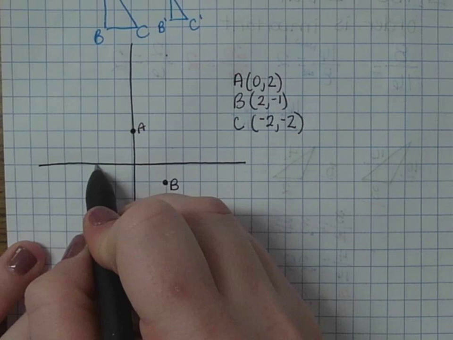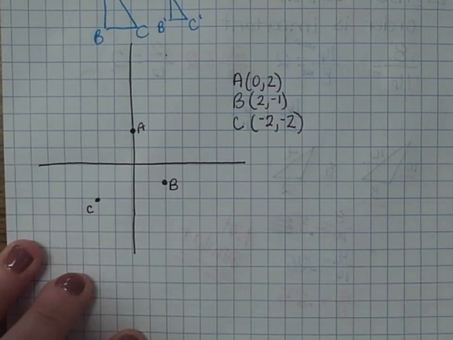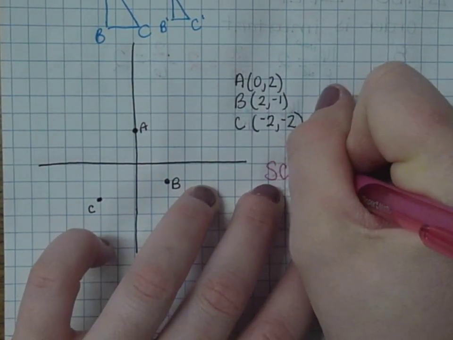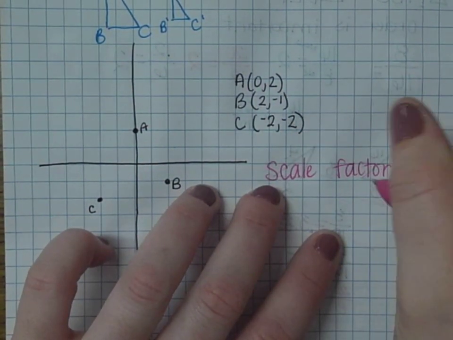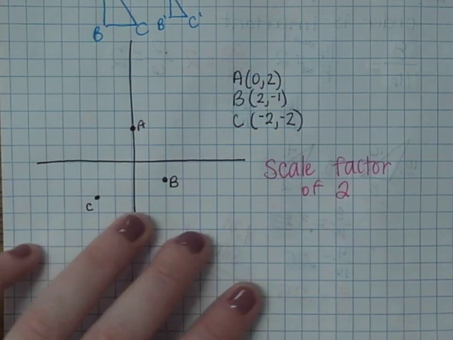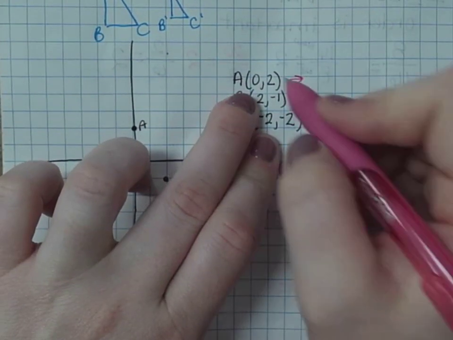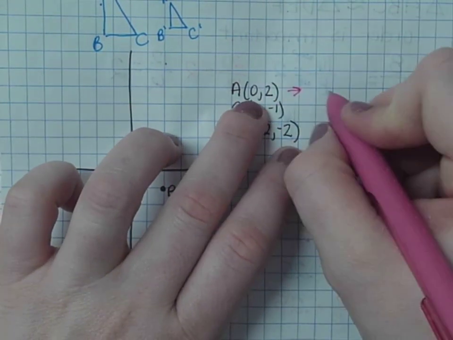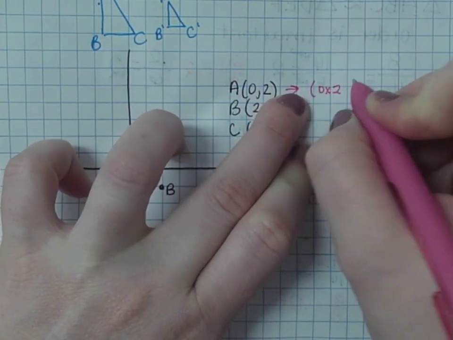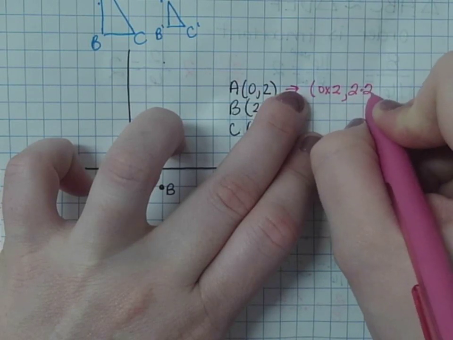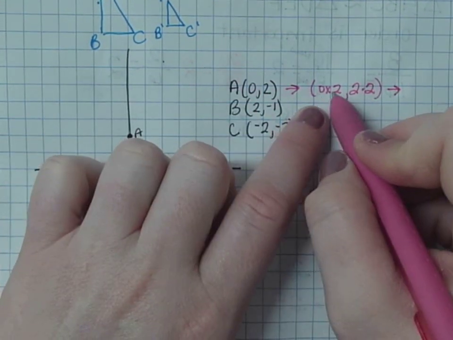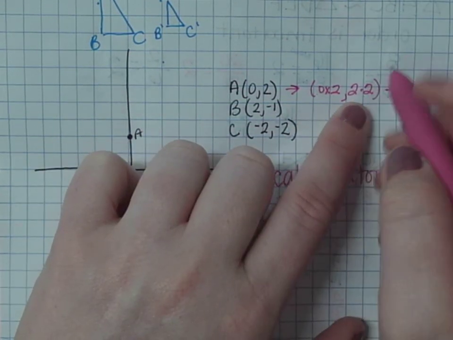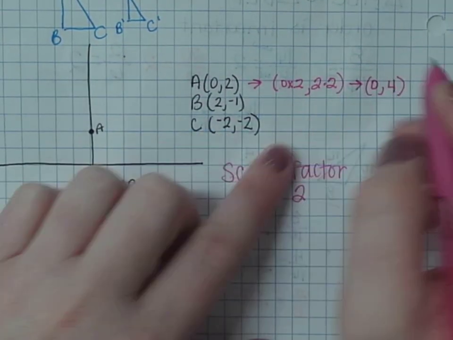And then I want to do a scale factor of 2. So to find the new one, I'm going to do each point times 2. So I'm going to do 0 times 2, 2 times 2, and that will give me the new point. 0 times 2 is 0, comma, 2 times 2 is 4.